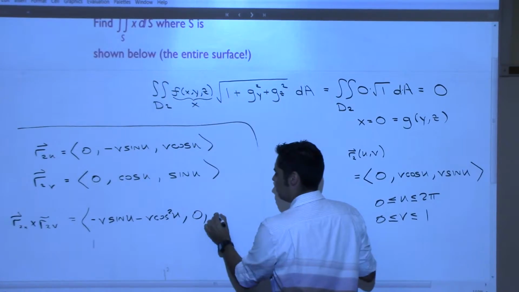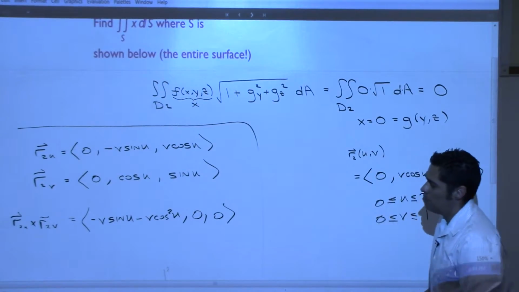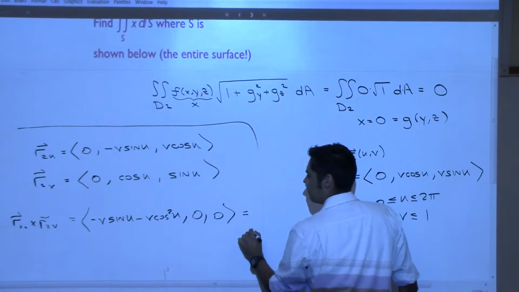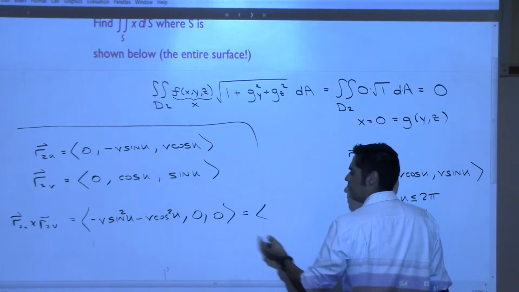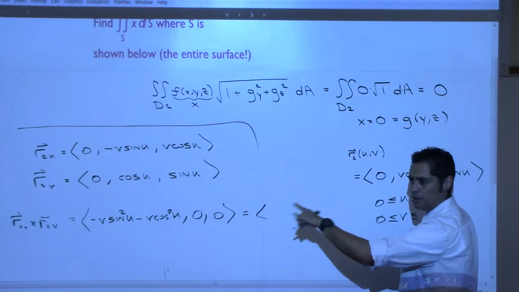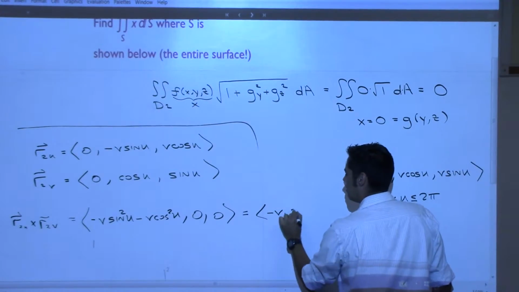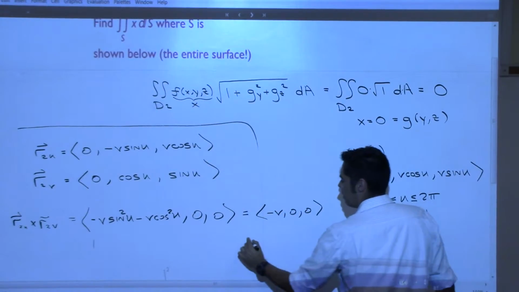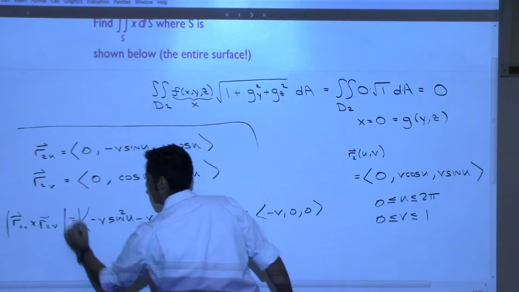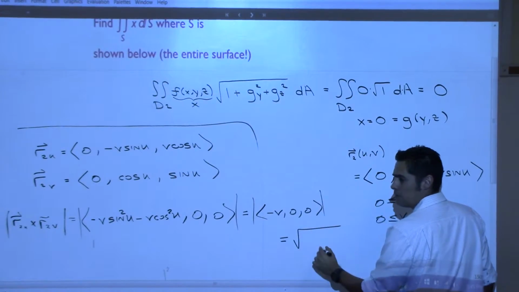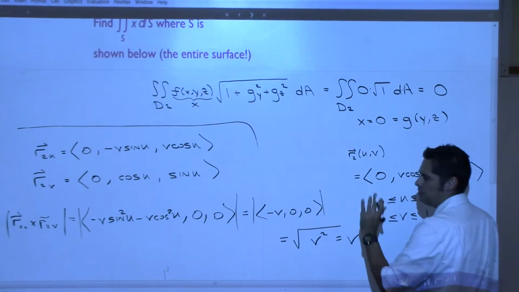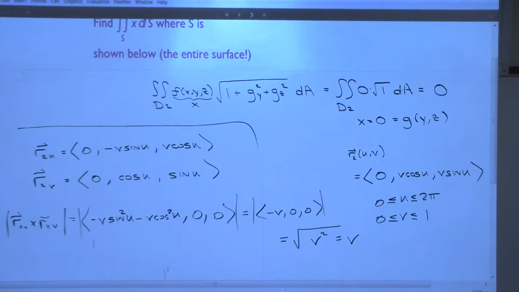So 0 again. Oh, sine squared, yes, thank you. Factor out a negative V, Pythagorean. So negative V, 0, 0. And now take its magnitude. And you get the square root of V squared, which is the absolute value of V. But V is positive, so I don't need to worry about the absolute value. Okay, so that's the cross product.